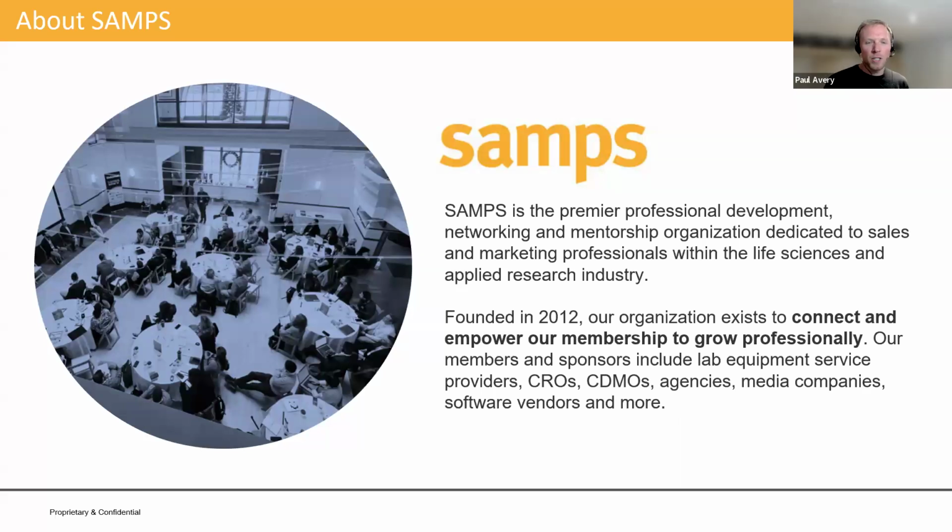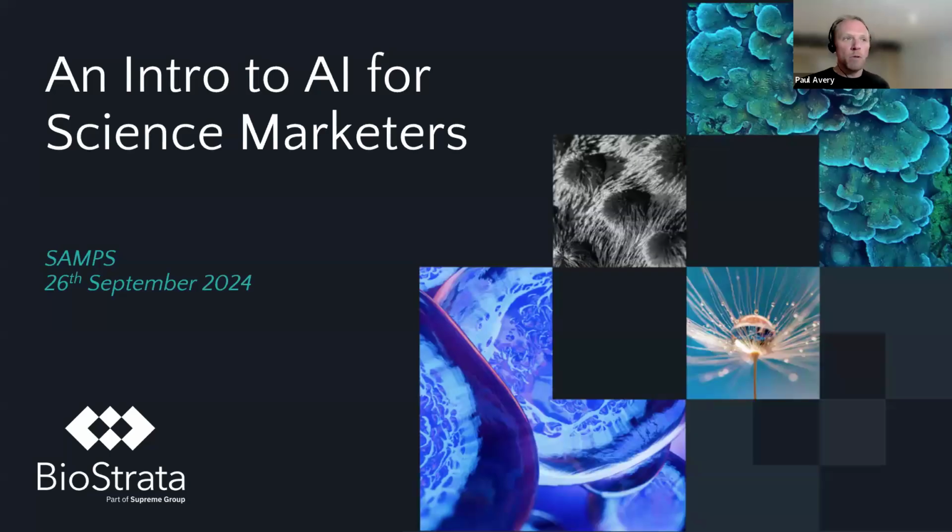Lovely. Thank you very much, Annabelle. Thank you also to Adam, who's been helping set this up, and the wider SAMPS team for having me today. And for all of you tuning in, as Annabelle mentioned, what we're planning to do today is to give an intro to using AI for marketing and sales to a certain extent.